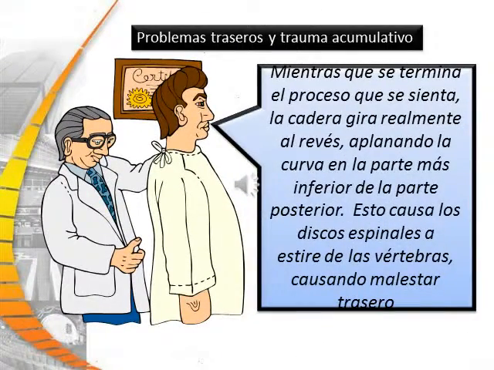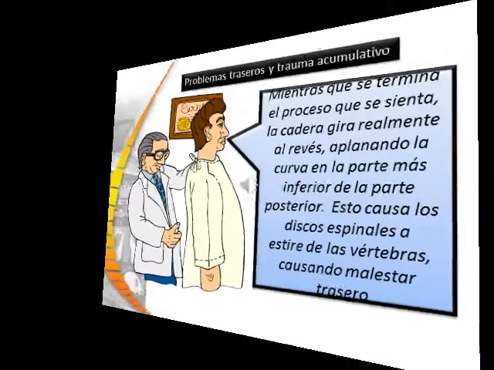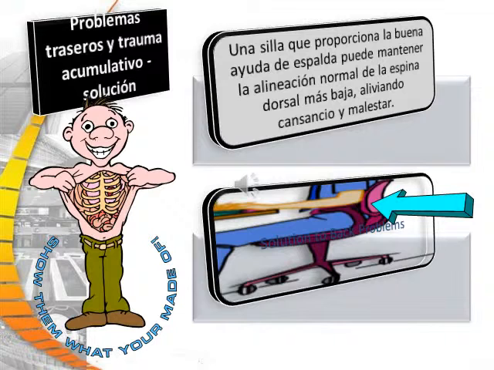When sitting, the hip actually rotates backward, flattening the curve of the lower back. This causes spinal discs to stretch from the vertebrae, causing discomfort. A chair that provides good lower back support can maintain normal alignment of the lower spine, relieving fatigue and discomfort.